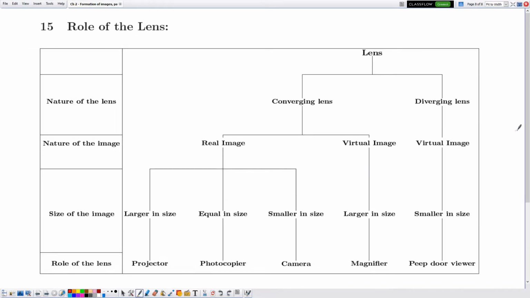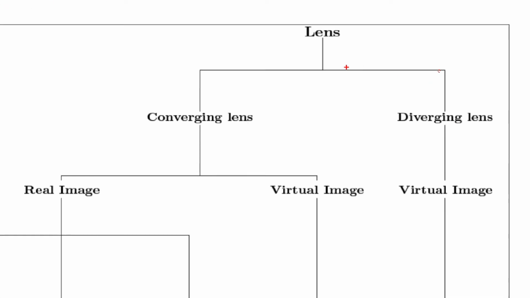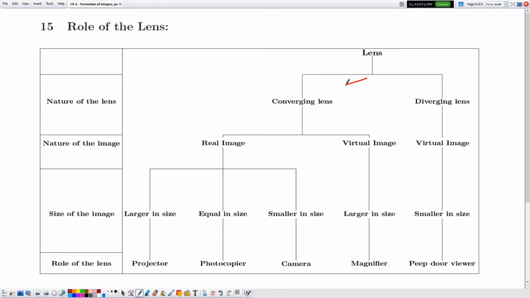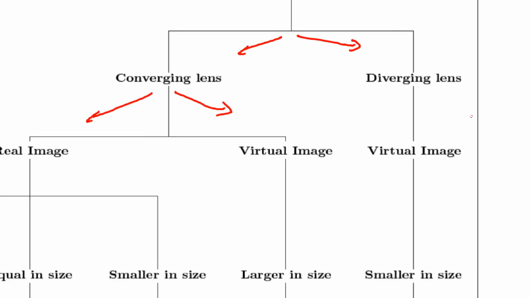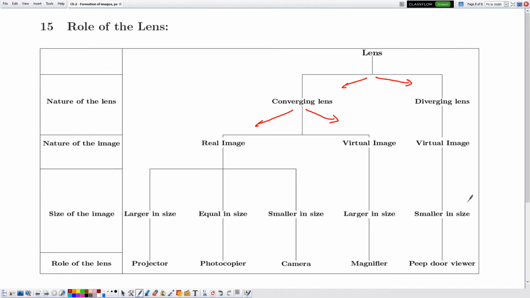And now finally let's talk about the role of the lens. From chapter 1 we have started by the lens, and we have classified it as a converging or a diverging lens. Then later we have seen that a converging lens can give a real image and a virtual image at the same time, whereas a diverging lens only gives a virtual image.